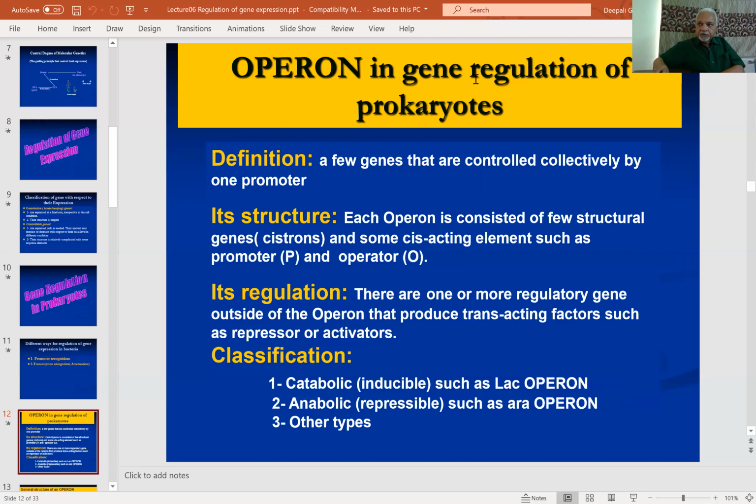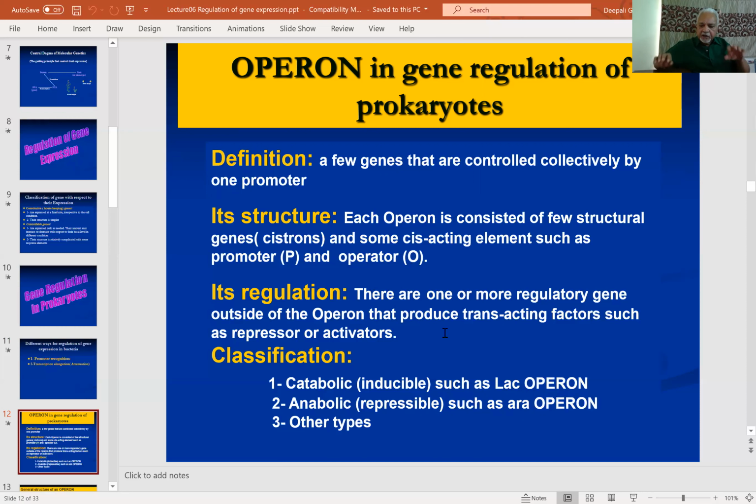So the operon system has a few structural genes co-expressed by one promoter, and they are controlled by cis-acting promoter and operator parts. Okay, we will see what the promoter and operator parts are. They sit close to the structural genes to regulate the expression.